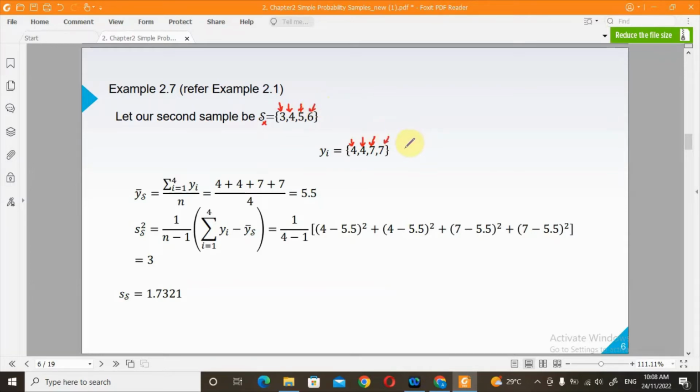Then again you can calculate the mean score for sample X, and the mean score is 5.5. You just use the same formula as the previous example, and again use the formula to calculate the variance. The variance for possible sample X is equal to 3, and the standard deviation of possible sample X is 1.7321.